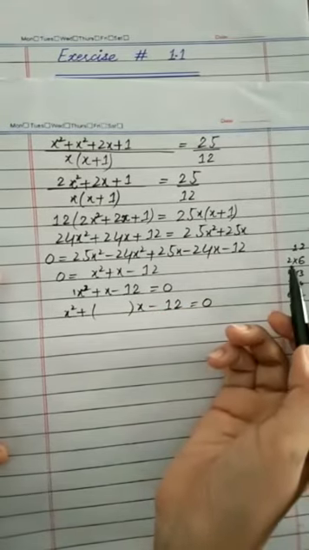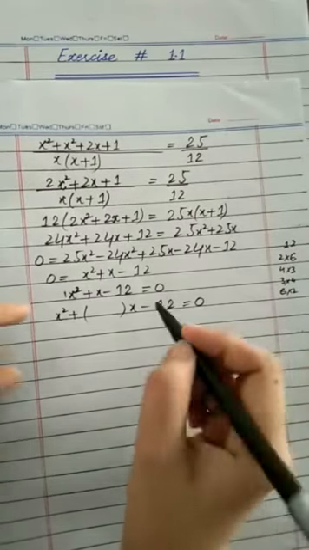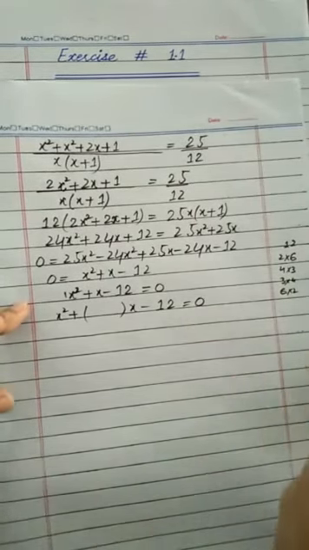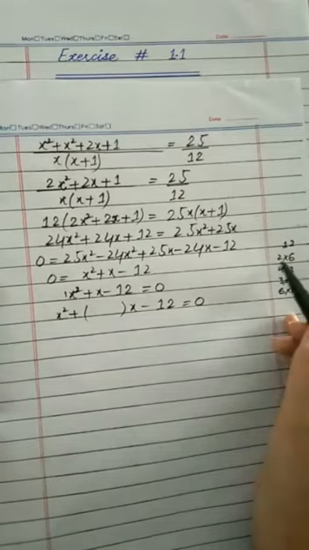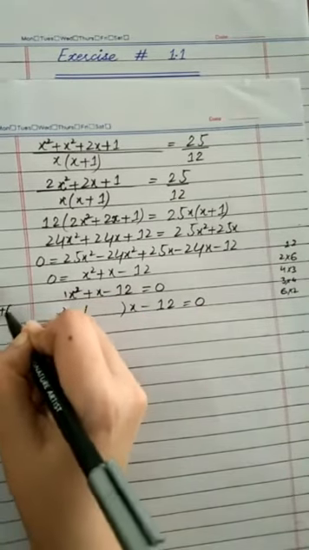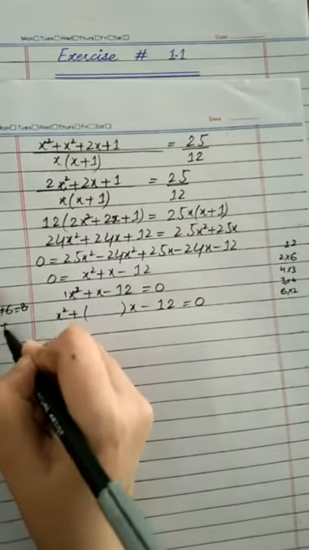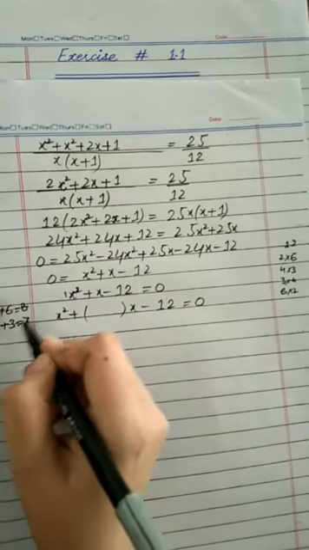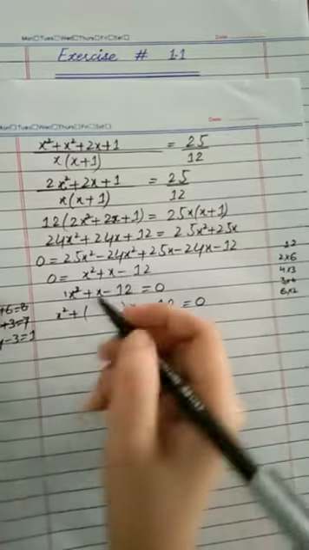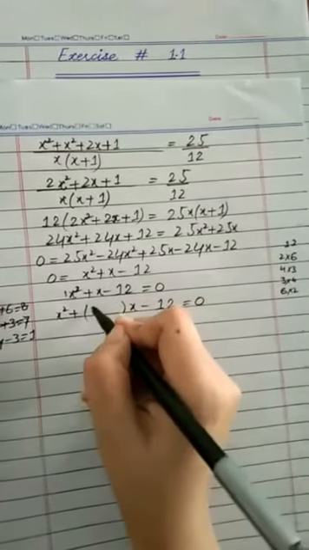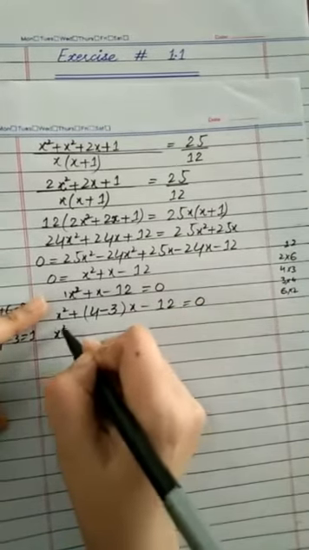Now we have to take the pair which multiplies to 12 and, on adding or subtracting, gives the coefficient of the middle term. 2 plus 6 is 8, no, we don't need it, because we need 1. 4 plus 3 is 7, no, we need 1. So 4 minus 3, that is 1. It can be used because we need 1. So we got 4 minus 3 by subtracting this pair. Okay, now move ahead.